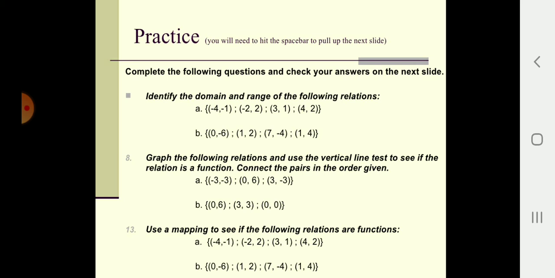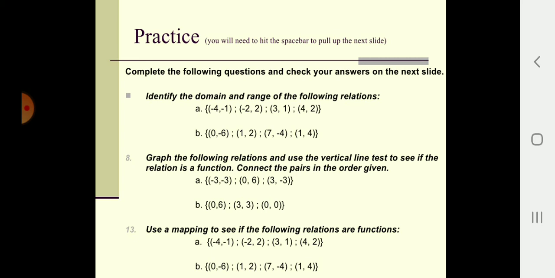Number 2: graph the following relation and use the vertical line test to see if the relation is a function. Connect the points in the order given. A: negative 3, negative 3; 0, 6; and 3, negative 3; 0, 6.